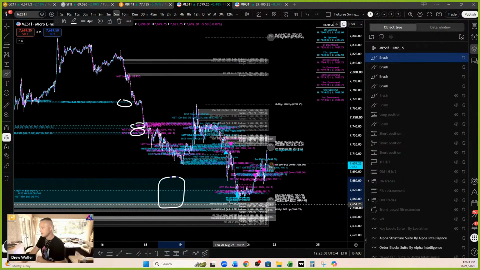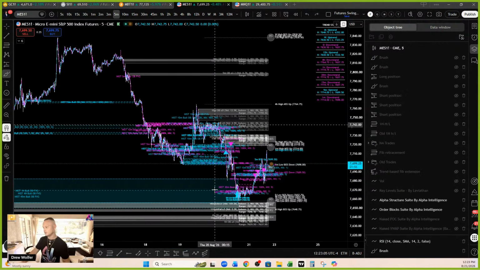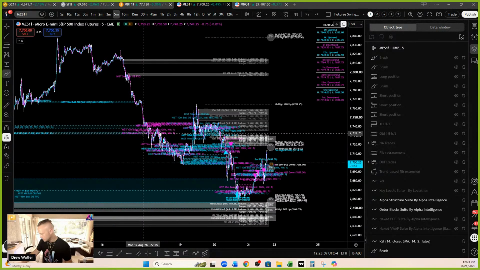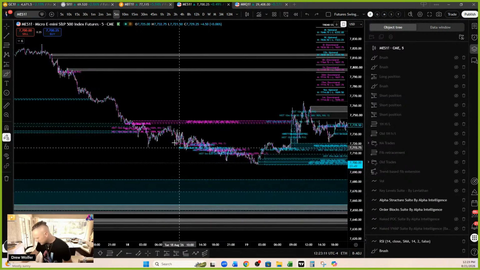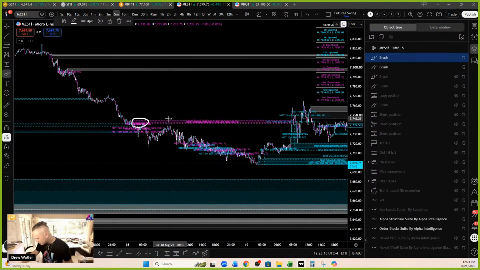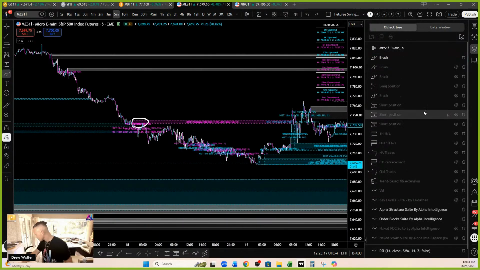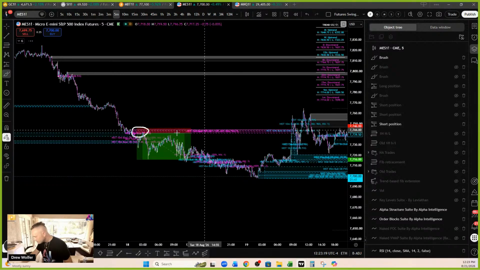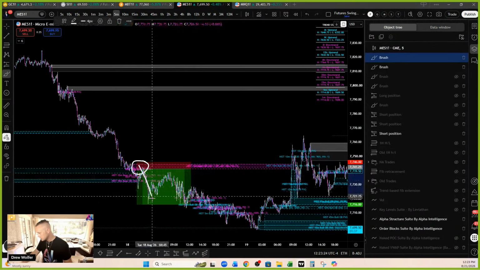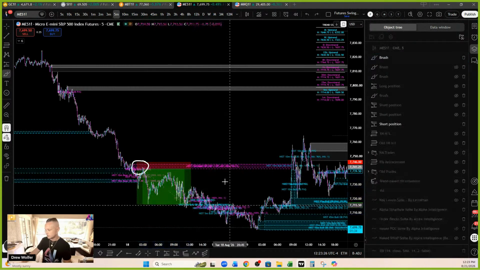See what I'm saying? This is why you use that setting, because say you didn't catch the move. Well, that's fine, because look, now you can see that was your entry. You can see the order block right there where it was created. And look, boom. It's that simple. And then you just start moving it down, and then you just start trailing your stop.